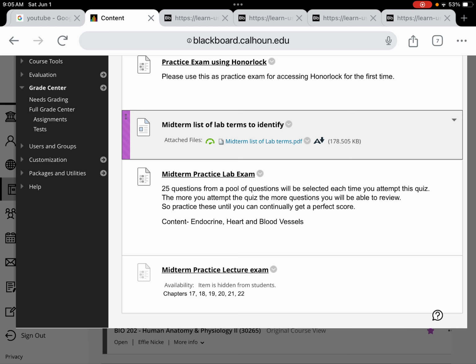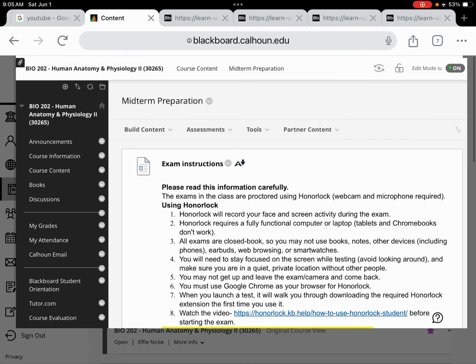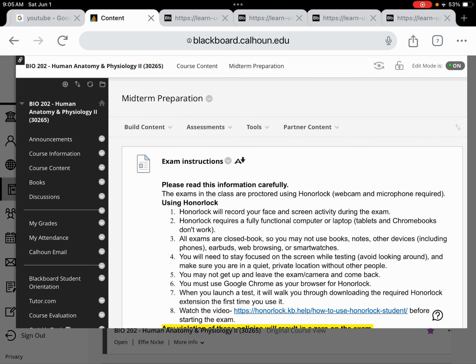So hopefully by Monday, Tuesday, Wednesday, I'll have it sorted out and the practice will be there, but we still have a couple of weeks before you have to take your midterms. So it'll definitely be there, I would say, by the end of next week. I should have everything sorted out. So both of these you can take over and over again to make sure that you're on track, right?